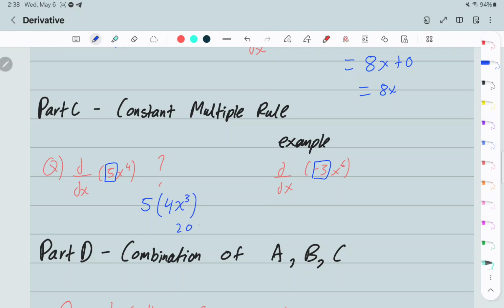The answer for this one is 20x cubed. Similarly on this one, minus 3 stays as it is. Now x to the 6. So 6 drops, and the exponent becomes 6 minus 1, which is 5. So your answer is minus 18x to the 5.